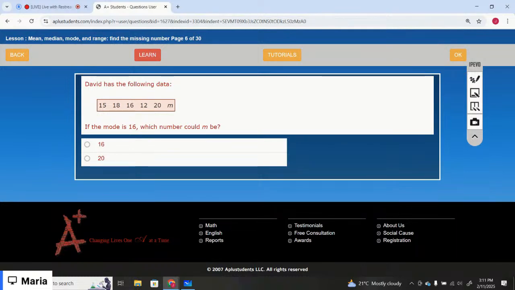David has the following data. If the mode is 16, what number could M be?